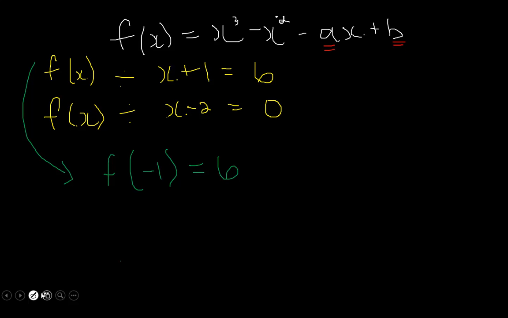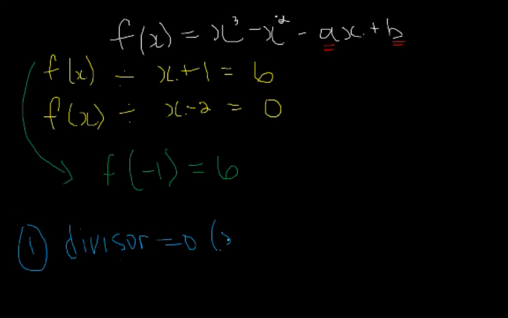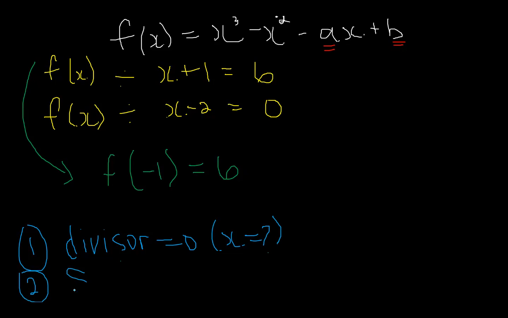Okay. So it's similar to the remainder theorem. It's the same steps you're using, but for the factor theorem, the remainder is 0. For the remainder theorem, the remainder is not 0. But it's the same steps. So the first step, put the divisor equal to 0 and solve for x. By doing this, you're going to get a value of x. Then, using that value of x, you substitute it into the given function or polynomial expression.